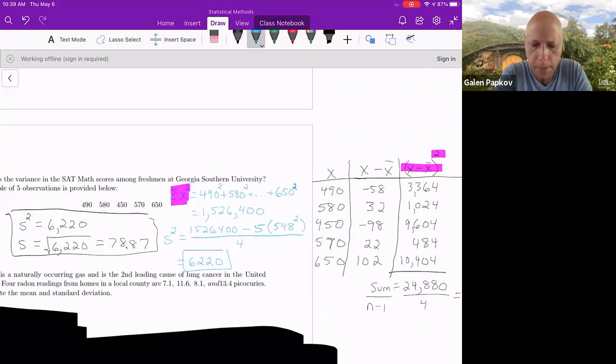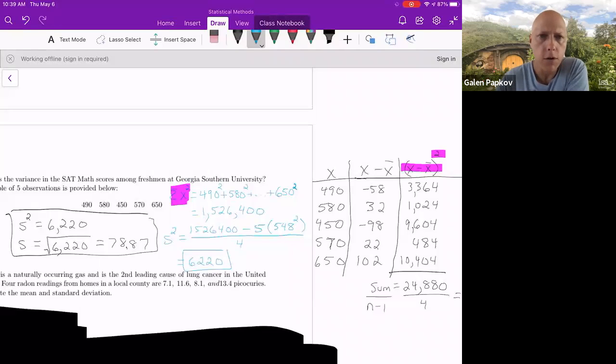So that is the top left part of that second alternative formula, which I've got in the middle here. Minus n, which is 5, times x bar squared, which is 548 squared. And when you multiply first, then subtract, and get your numerator, and then divide by 4, you should get the exact same answer of variance, which is 6,220.